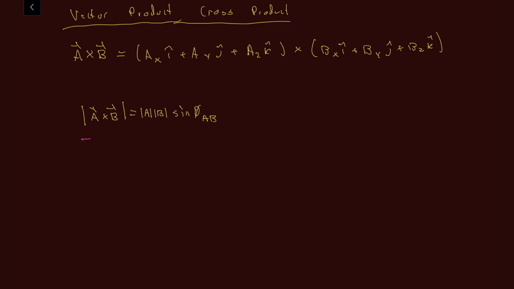So remember, the magnitude of the cross product is equal to this. And just as we did for the scalar product, let's go ahead and visualize it. Okay, so this is your angle.